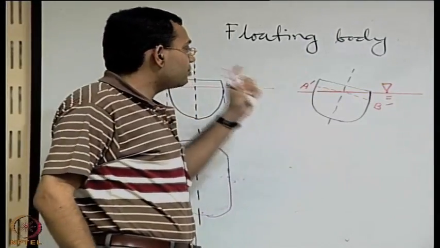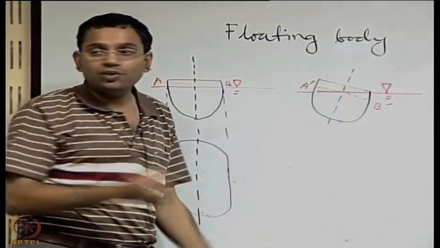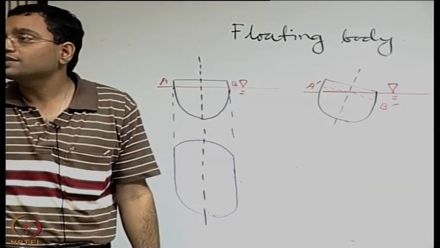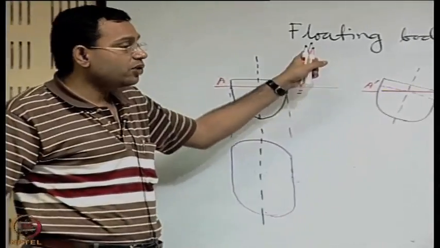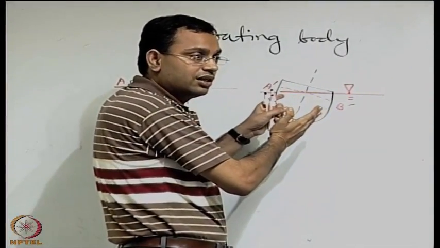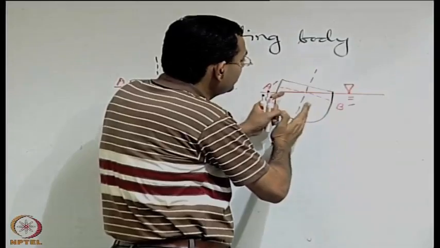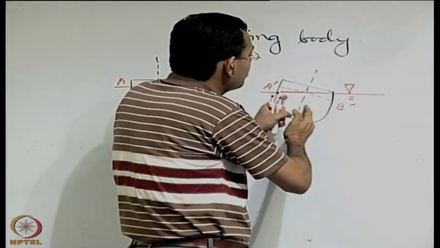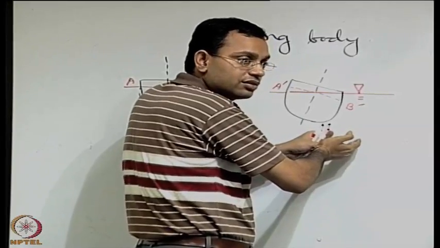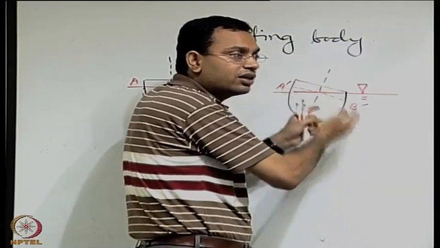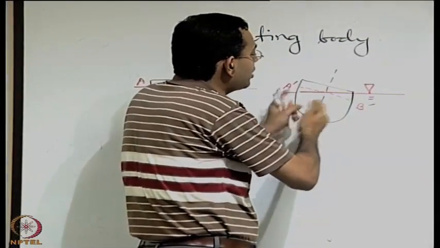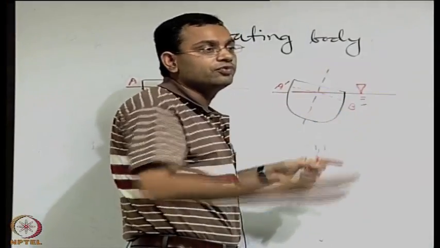For the submerged body, the location of the center of buoyancy relative to the body does not change, whereas when you have a floating body, depending on its tilted configuration, there will be an extent of dominance of one side of the body relative to its immersed condition with respect to the other, and accordingly there will be a bias, a preferred side towards which the center of buoyancy will be moving.